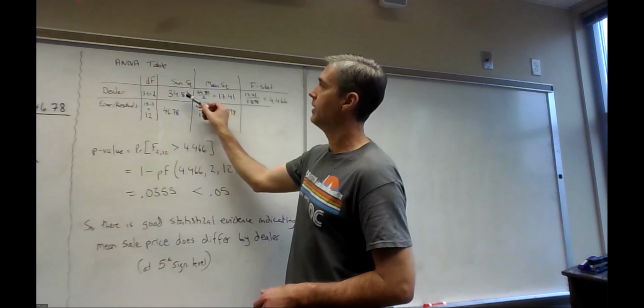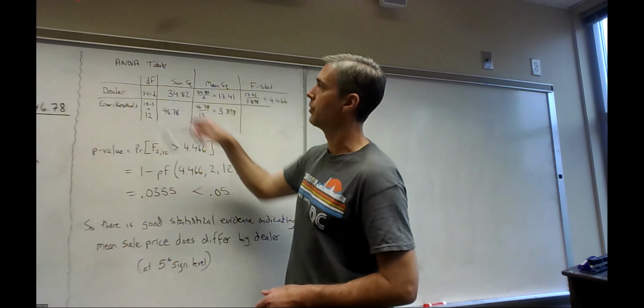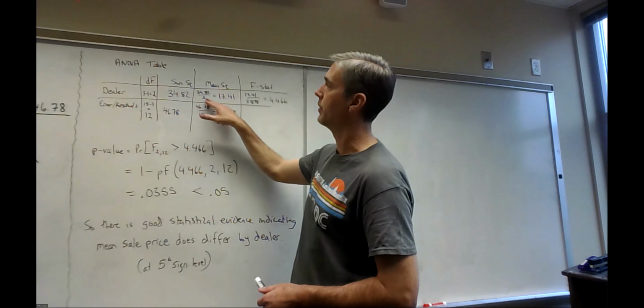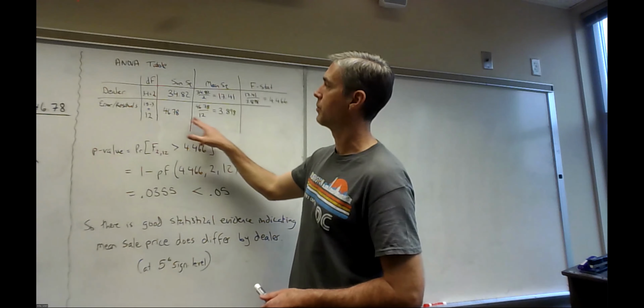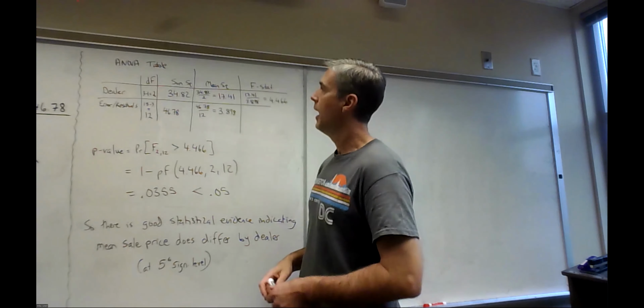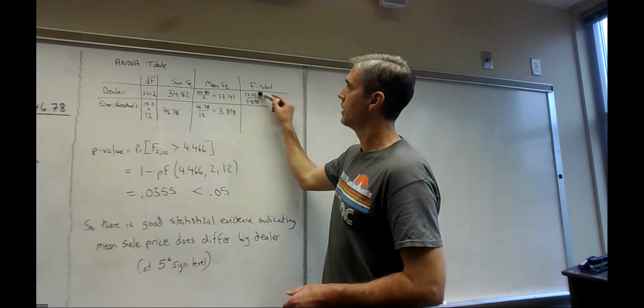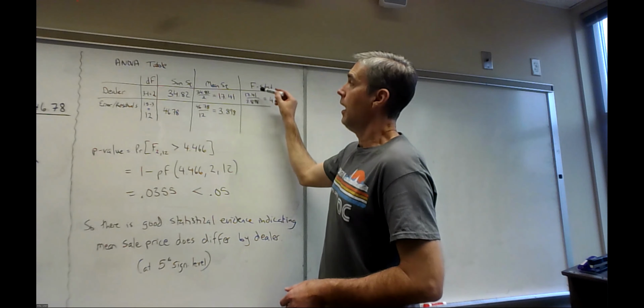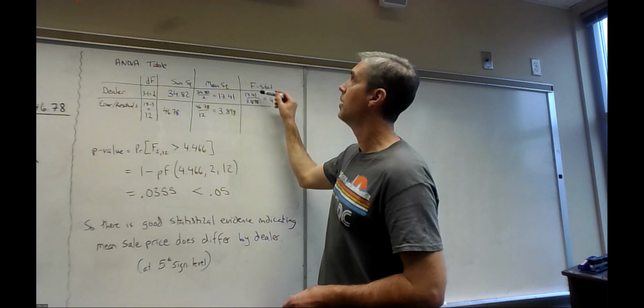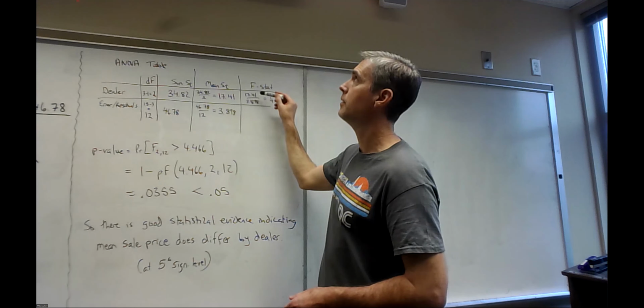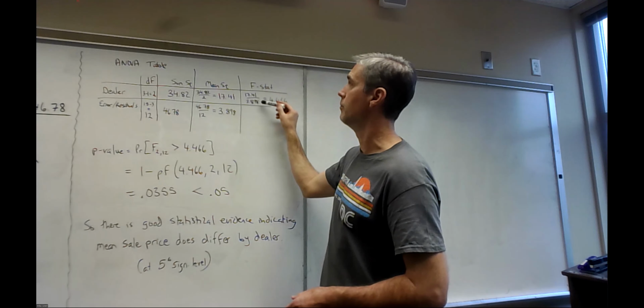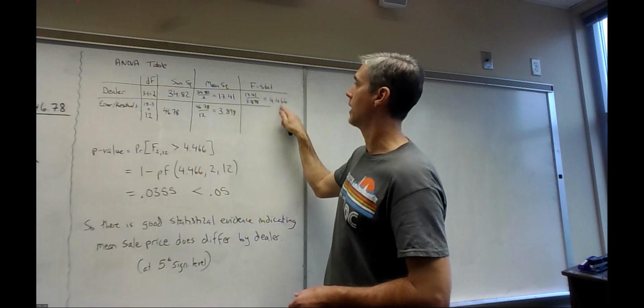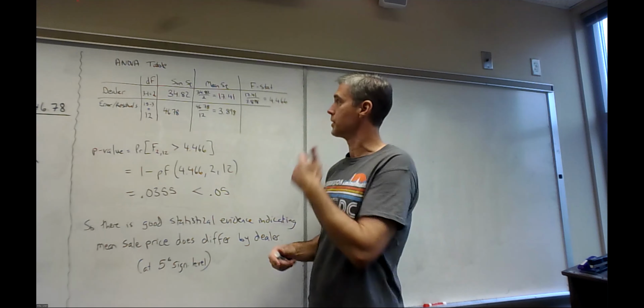I can divide each sum of squares by its appropriate degree of freedom, so the 34.82 divided by the 2, the 46.78 divided by the 12. And then I can take those 2 mean squares and divide the mean square treatment over the mean square error, and I get my F statistic of 4.466.